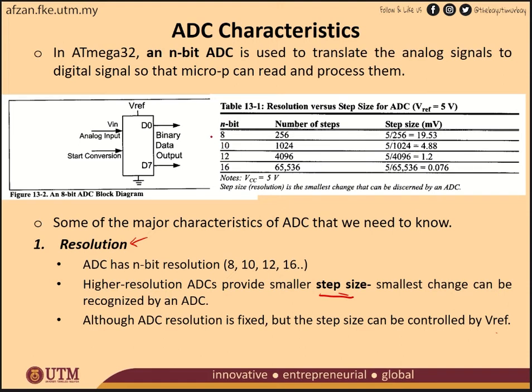For example, you have an n-bit, 8-bit ADC. The number of steps is 256, because an 8-bit ADC can convert from 0 to 255. So the total number of steps is 256, or sometimes you can put 2 to the power of 8, and you get 256.